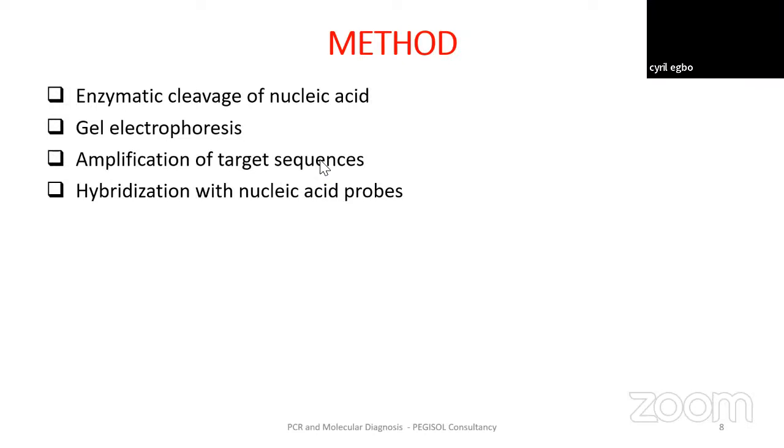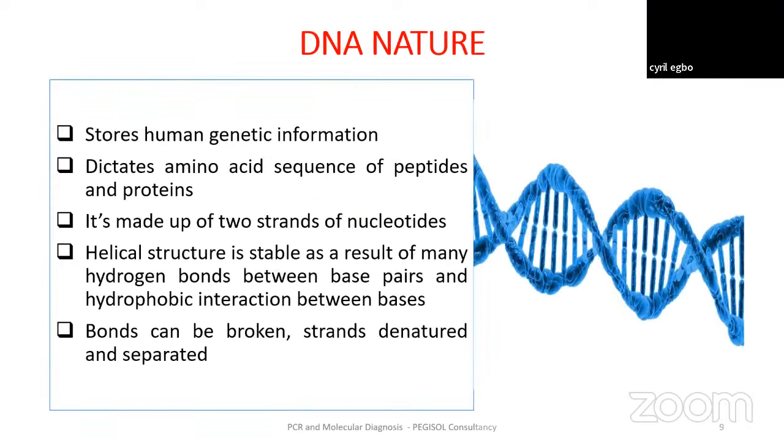Then for us to understand DNA extraction and RNA extraction very well, it's important that we understand the nature of DNA and RNA. It's just a review of our theoretical knowledge on genetics.